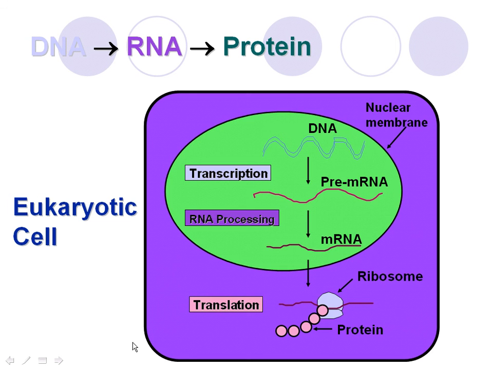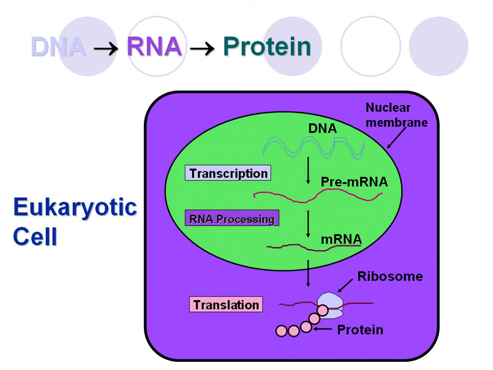So if we look at this little diagram, it shows us how we take DNA, unwind it, and then produce our pre-messenger RNA, which is going to contain some regions that are not considered to be coding regions, and so it'll have to be processed.